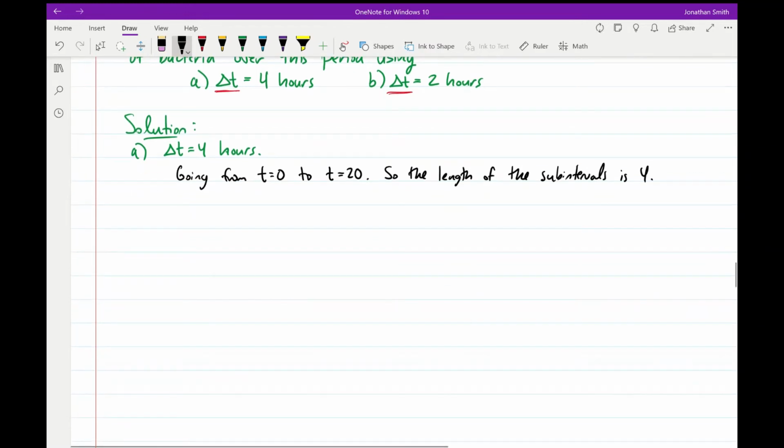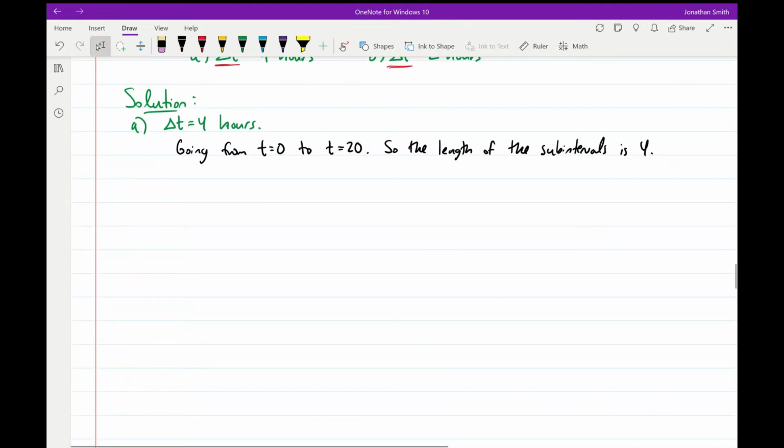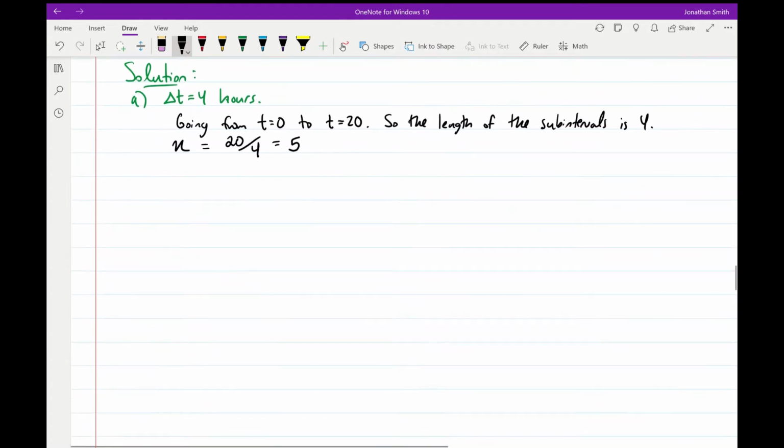It means that the length of the subintervals that we're using to divide the interval from 0 to 20 are each going to be 4. And how many intervals does this give us? That's going to be n. Well, n is going to be equal to the total number of hours, which is 20, divided by the length of each of the subintervals. So 20 divided by 4 is going to give us 5 total intervals.